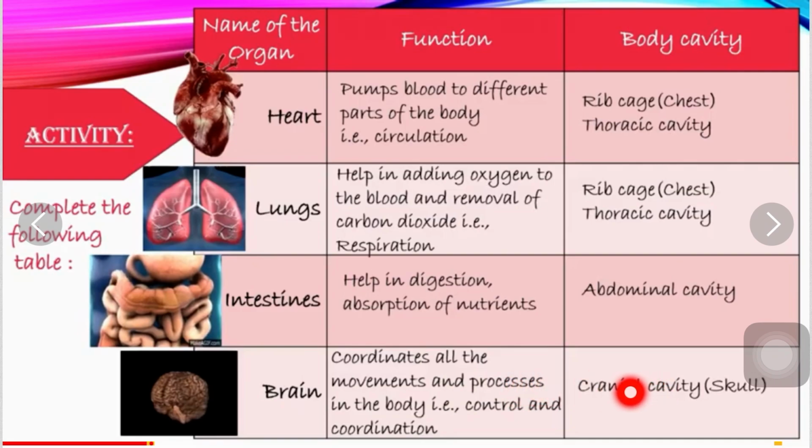So this is called control and coordination. The main function of the brain is to control and coordinate the various functions. It is protected, it is situated in the cranial cavity.